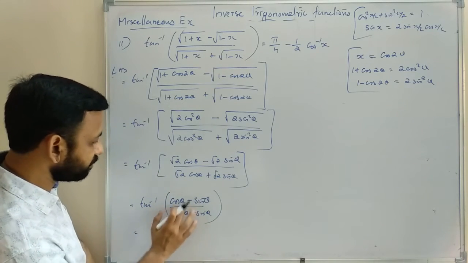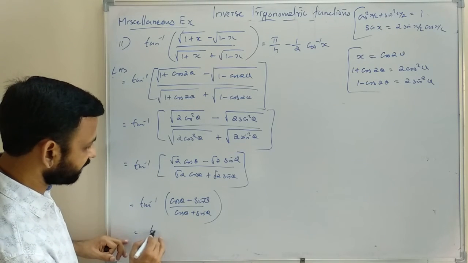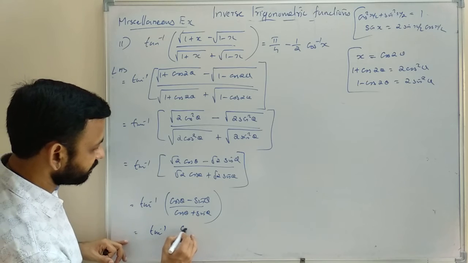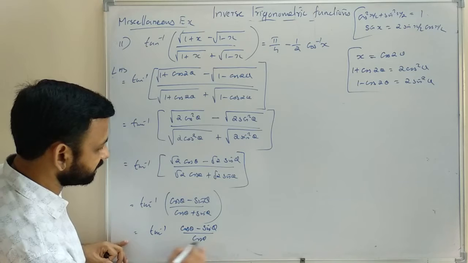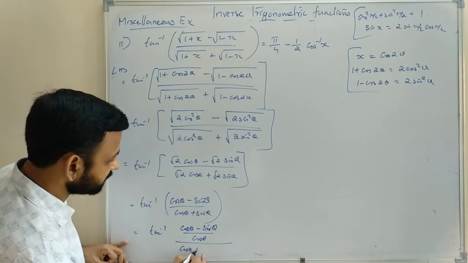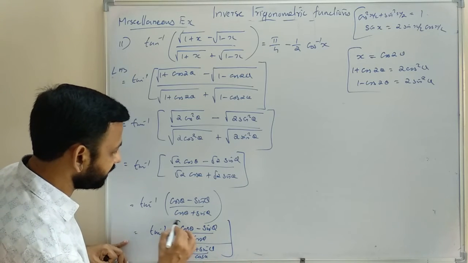So we can divide numerator and denominator by cos theta. So we will get tan inverse of (cos theta minus sin theta) divided by cos theta, all divided by (cos theta plus sin theta) divided by cos theta.